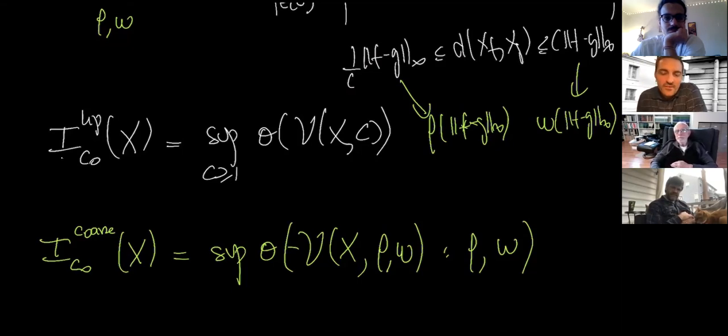So assuming that we don't want to use that, the problem here is that you want to somehow regularize your family of coarse functions, like the compression functions and the expansion functions.